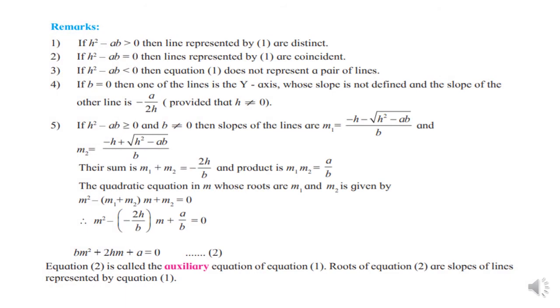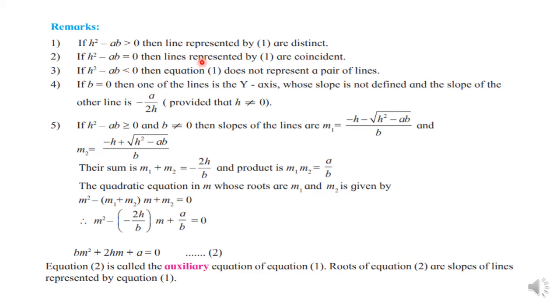Things to keep in mind. That is, if h square minus ab is positive, then the lines are distinct. As you can see over here, this is a very important condition because we will be using it while solving sums. If h square minus ab is positive, then the lines are distinct, meaning they are separate lines.